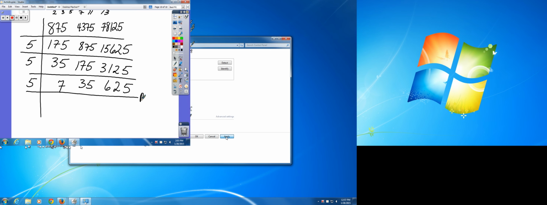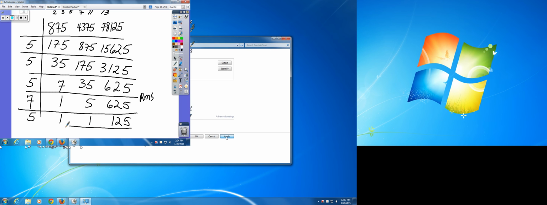Why? 7 screws everything up because you could use 5, but that ain't going to happen. So let's divide a 7 in. That'll give us a 1, a 5, and a 625. A 5, that'll be a 1, and a 125.